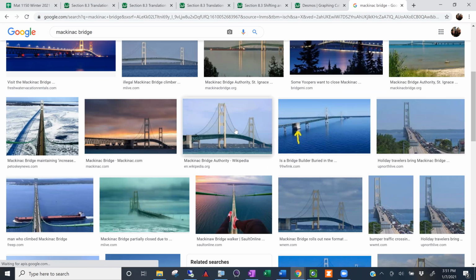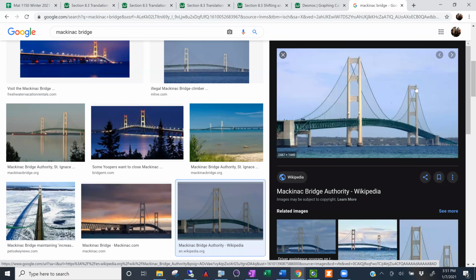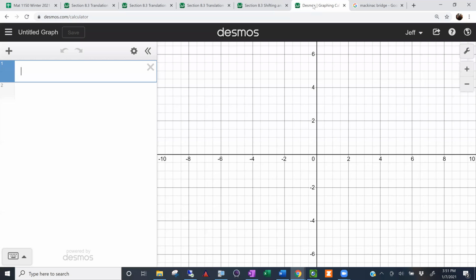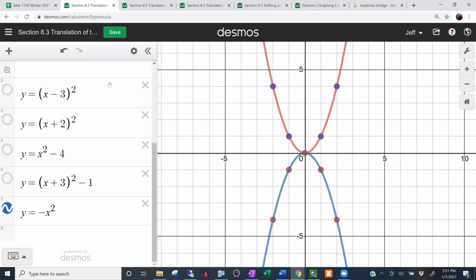Yeah, this is the shape of a parabola. Once the engineers laid that deck there, that stretches the cables into a nice parabolic shape. So pretty cool. Lots of other applications. You'll hear me talk about them later in the semester when we go through chapter 13 on conic sections. But let's finish this one up.